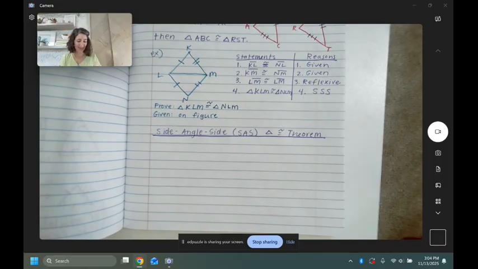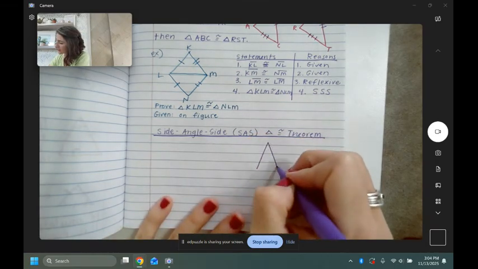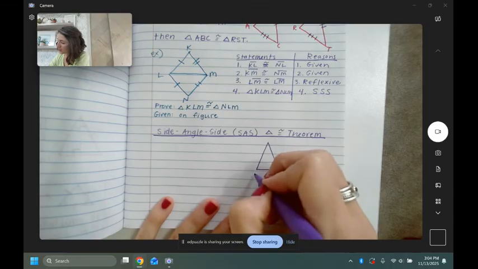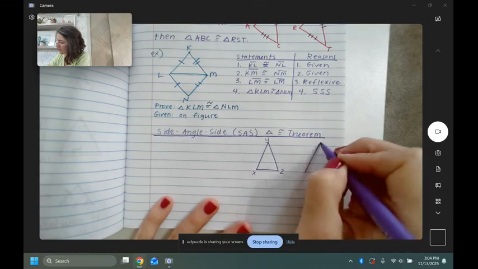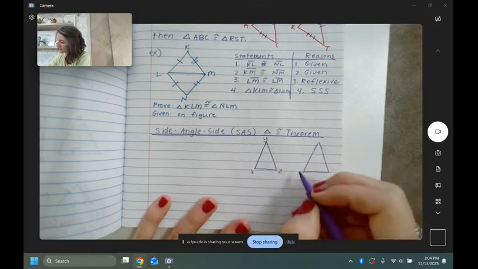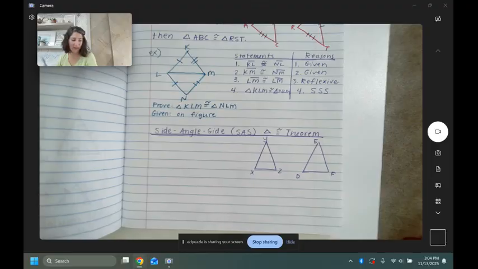So let's say here I've got triangle XYZ and triangle DEF. Something like this, right?